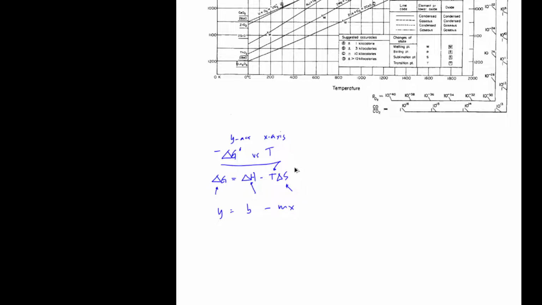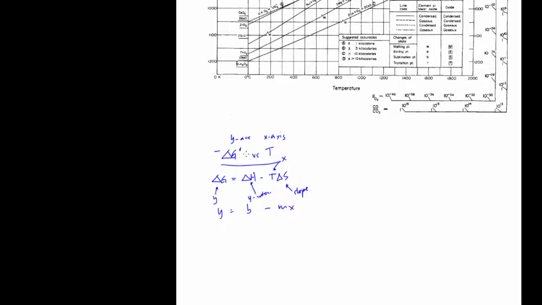Itong T, this is our X value. This is our Y. Tapos, delta S is our slope. And delta H is our Y-intercept.